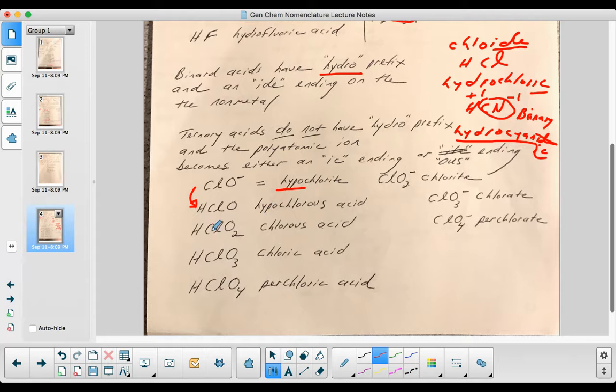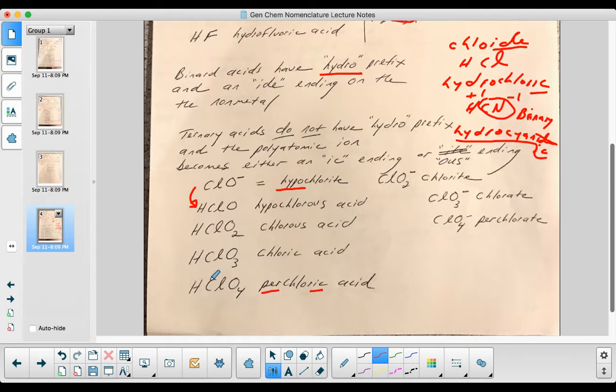And then this is the chlorite ion, and so it would form chlorous acid. This is the chlorate ion, and this would form chloric acid. And this is the perchlorate ion, and so it's going to form perchloric acid.